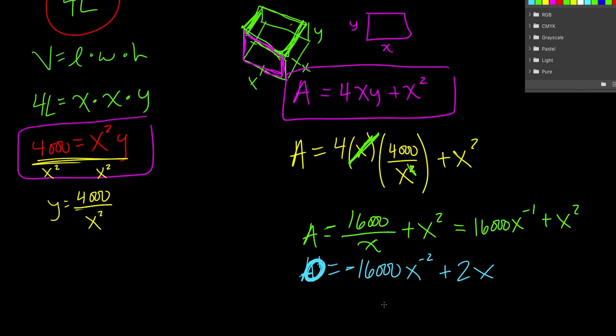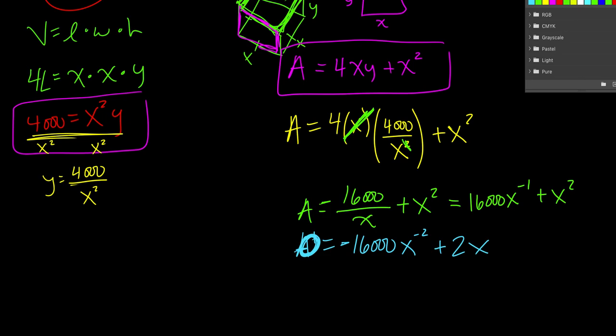And to continue with this, I'm going to add this term over here. Okay. And I'm also going to switch this just to be 16,000 over x squared. These cancel, and that's equal to 2x.